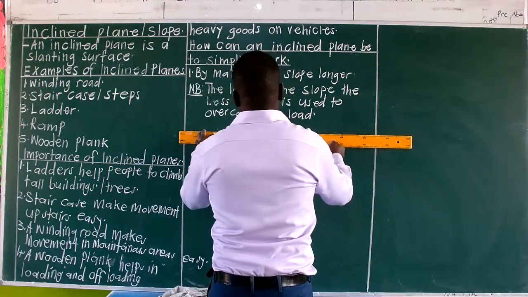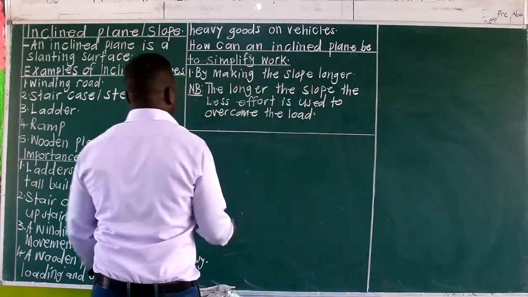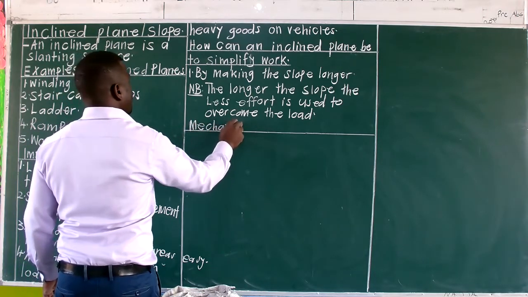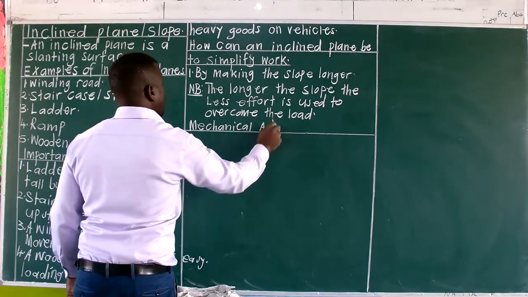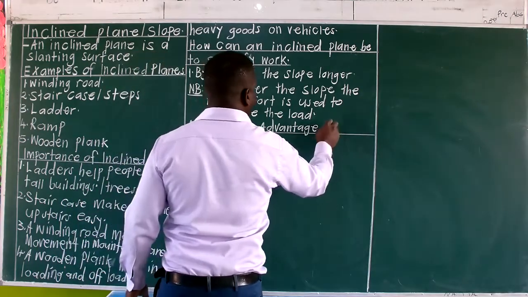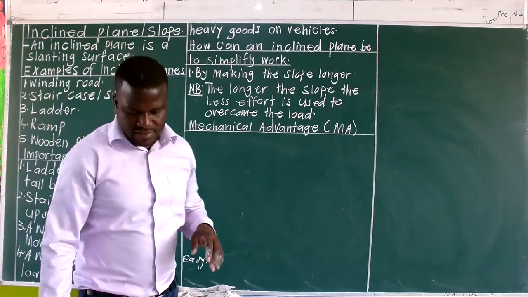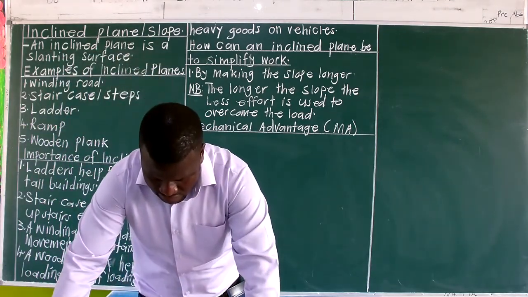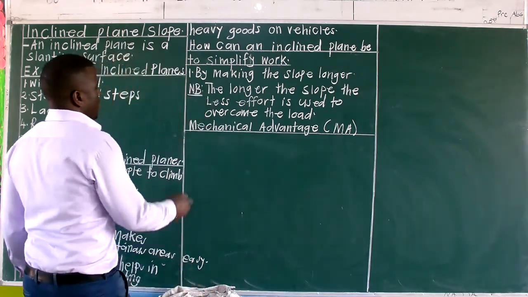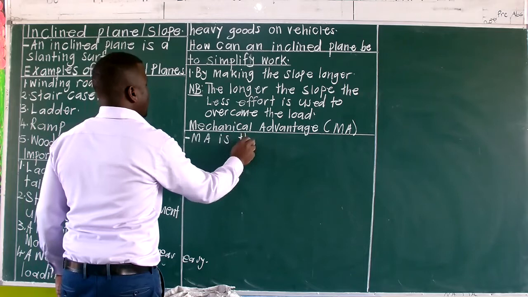We look at mechanical advantage. This mechanical advantage can be abbreviated as MA.